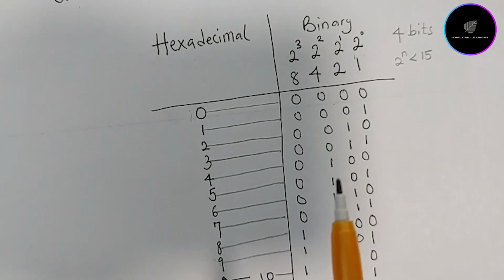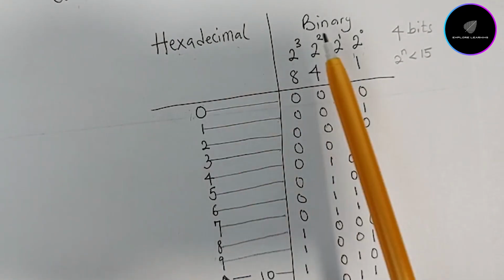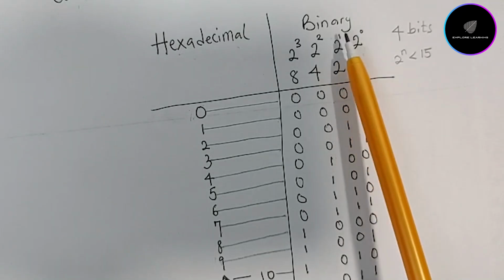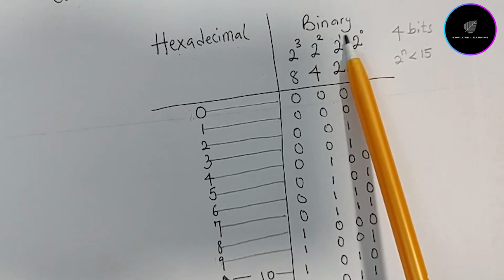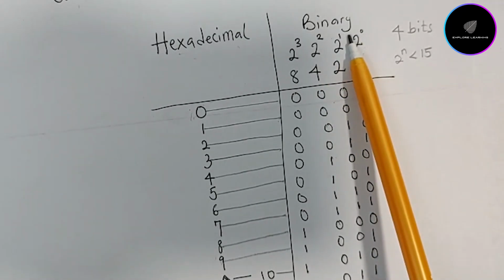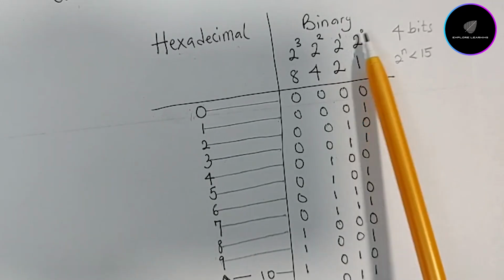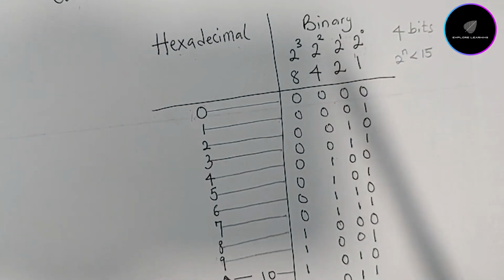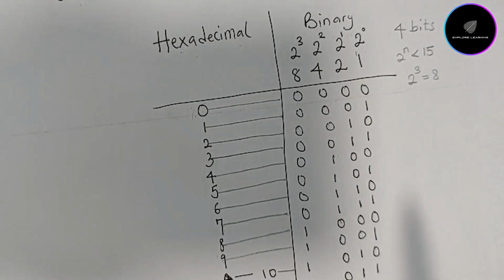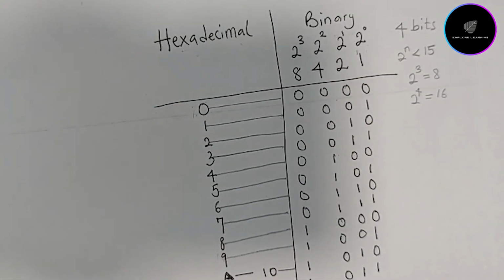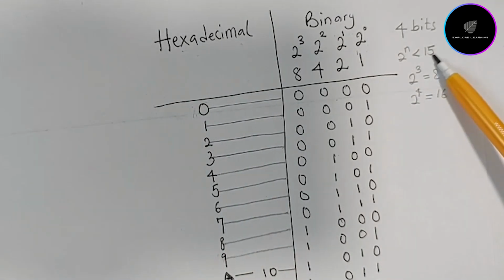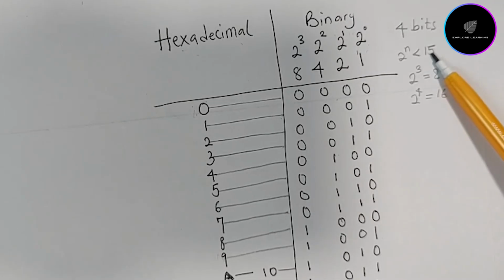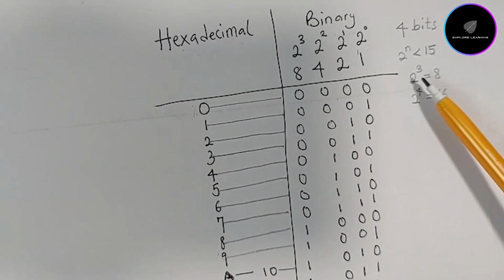So, in order for us to represent the hexadecimal number system in binary coding, the maximum number of bits that needs to be represented should be 4 bits. It means 8 is less than 15. Now, the value 16 is greater than 15, which is the maximum value in the hexadecimal number system.